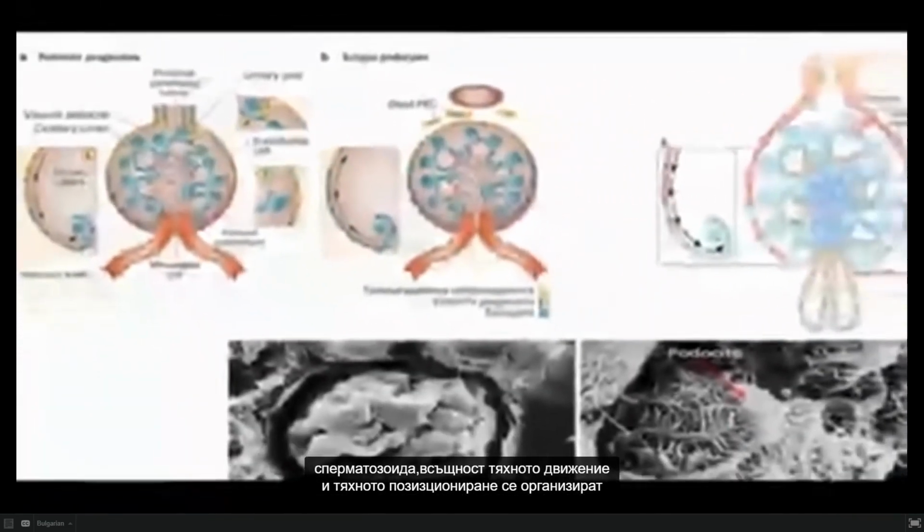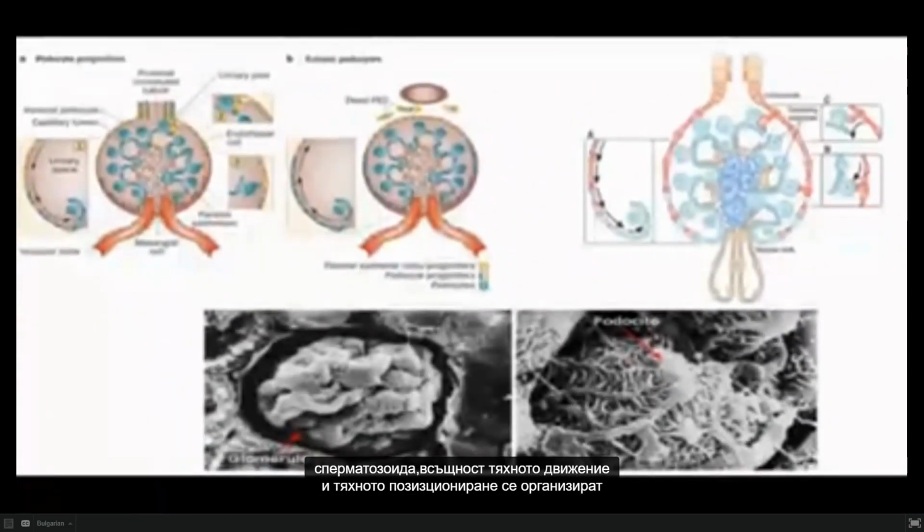Actually, their movement and their positioning organize themselves and produce the energy part. And because of their positioning and the sliding mechanism of their legs, they form different types of holes in the membrane of the Bowman capsule.